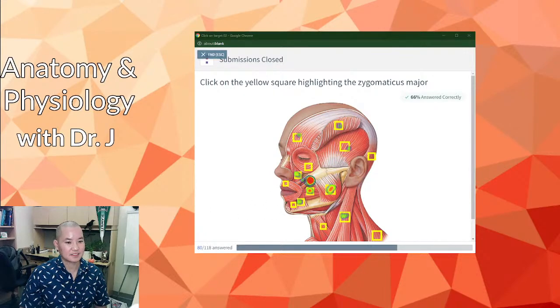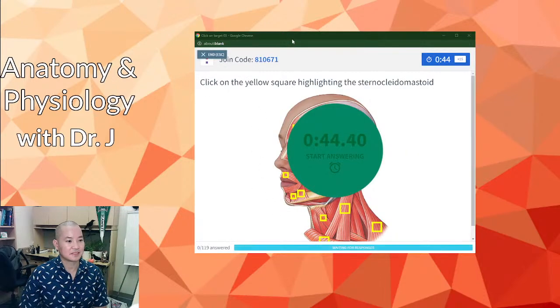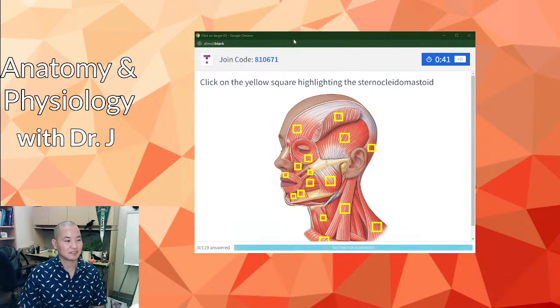And one more click on target. Can you identify the SCM, the Sternocleidomastoid, one of my favorite muscles?